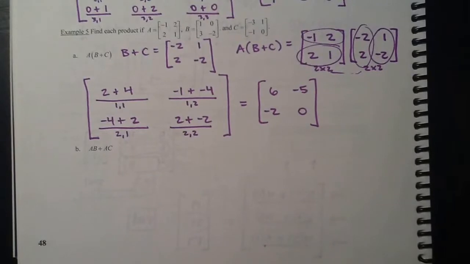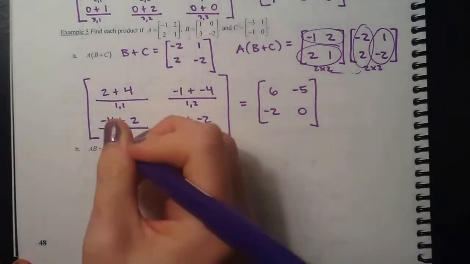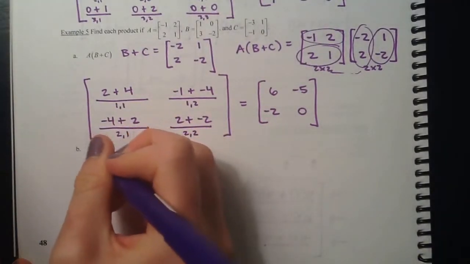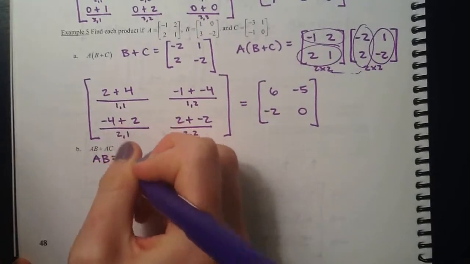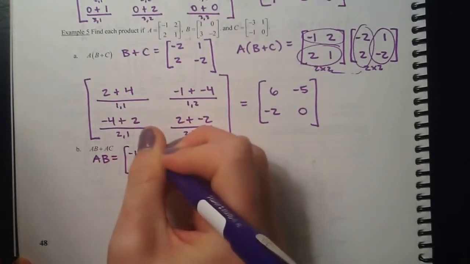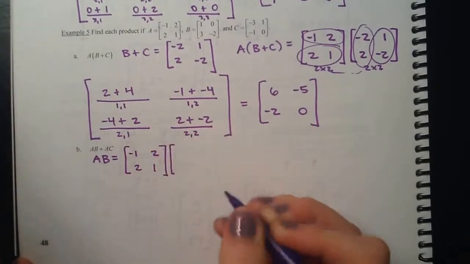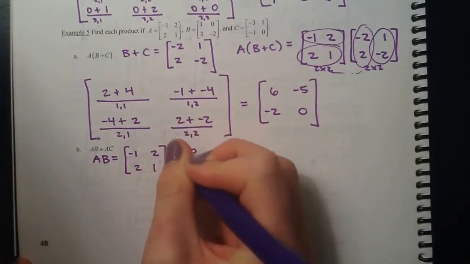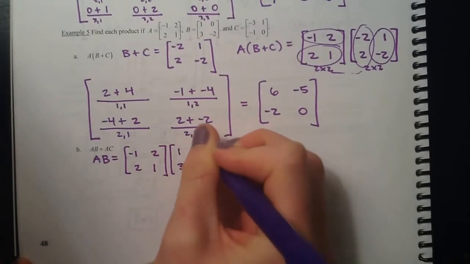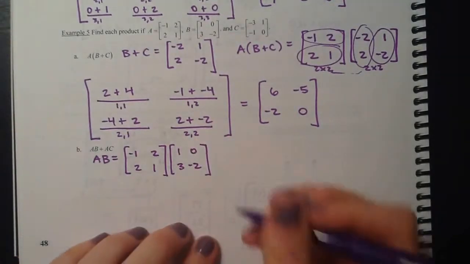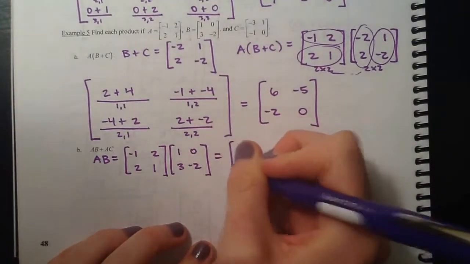So let's start with A times B. So here's A, and I want to multiply it by B. Okay, so we've done enough of this matrix multiplication.